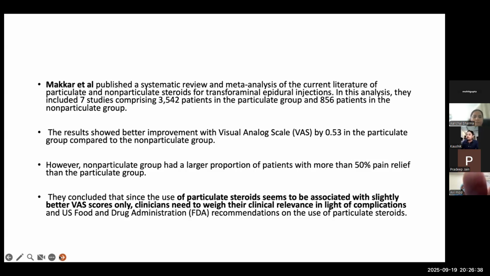So what they postulated was that since particulate steroids seem to be associated with a large number of complications, clinicians need to weigh their clinical relevance in terms of complications and the risk-benefit ratio.